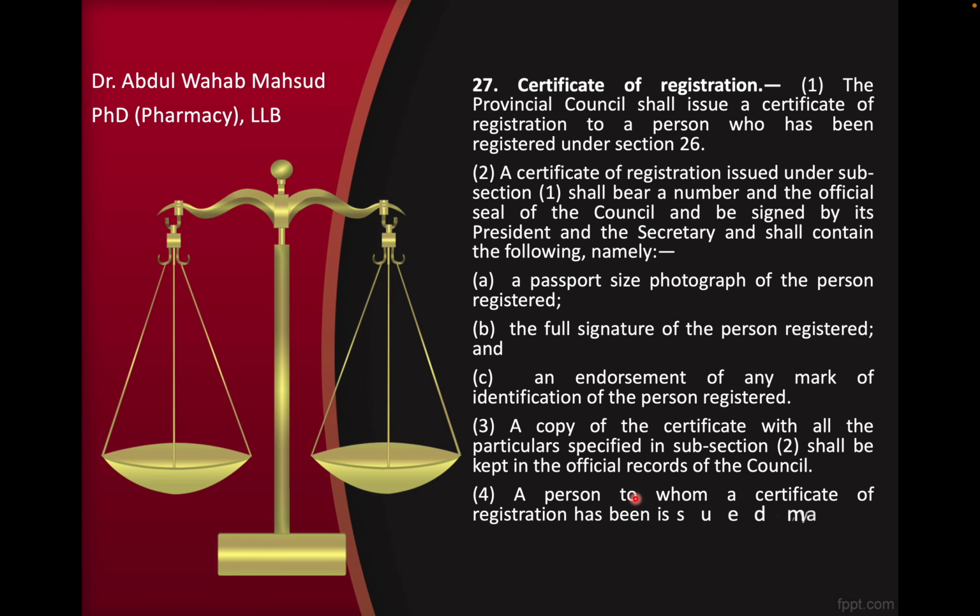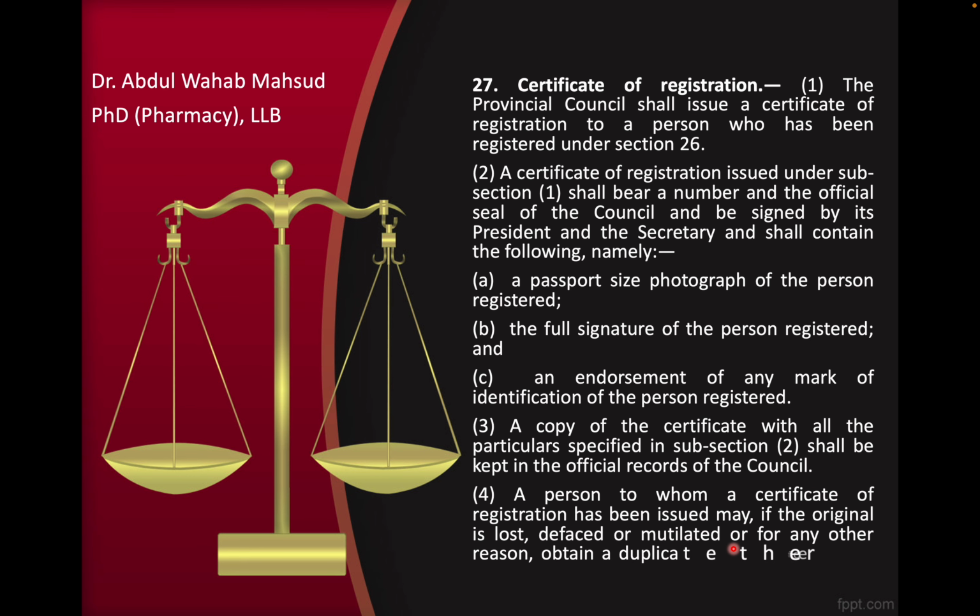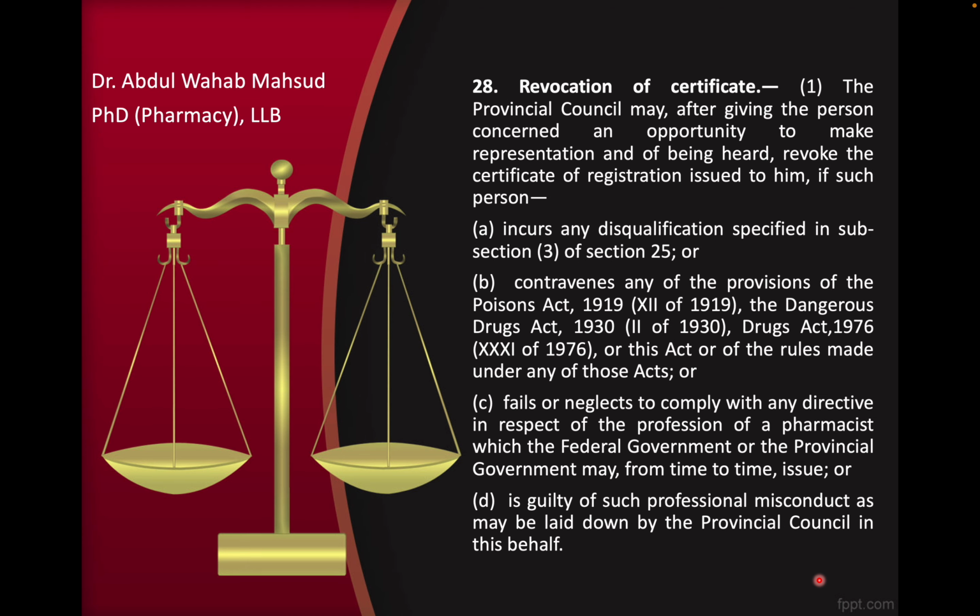Subsection number 4. A person to whom a certificate of registration has been issued may, if the original is lost, defaced, or mutilated, or for any other reason, obtain a duplicate thereof on payment of the same fee as was paid for the original.